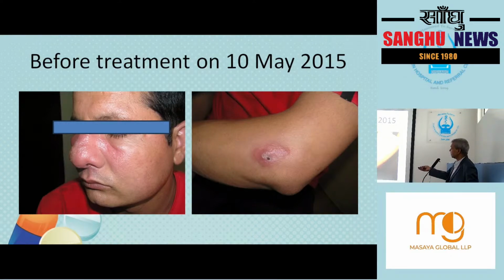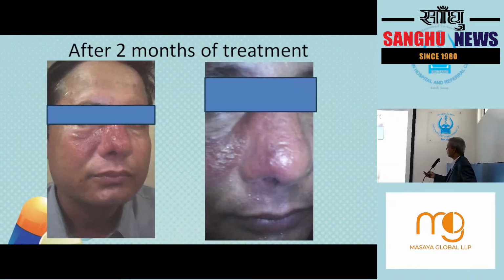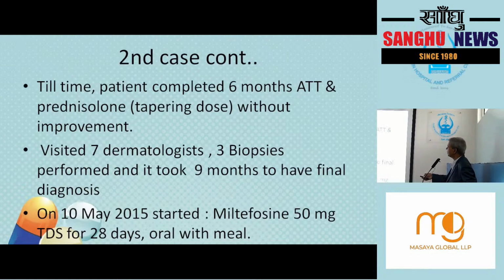Also he has a lesion in the arm. So we can see that till that time the patient completed 6 months of anti-TB drug, and also prednisolone, but without improvement.